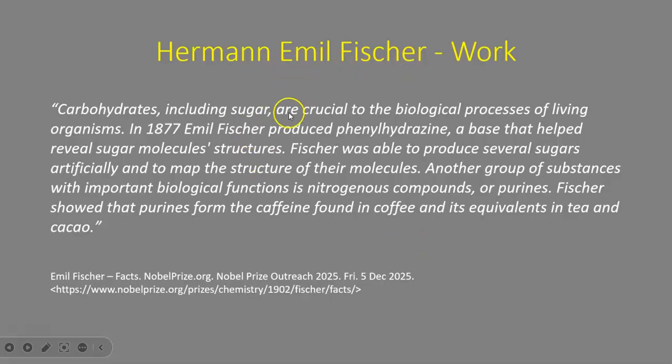Okay, first from the official side, something about his work, why he got the prize. Carbohydrates, including sugar, are crucial to the biological processes of living organisms. In 1877, Emil Fischer produced phenylhydrazine, a base that helped reveal sugar molecule structures.